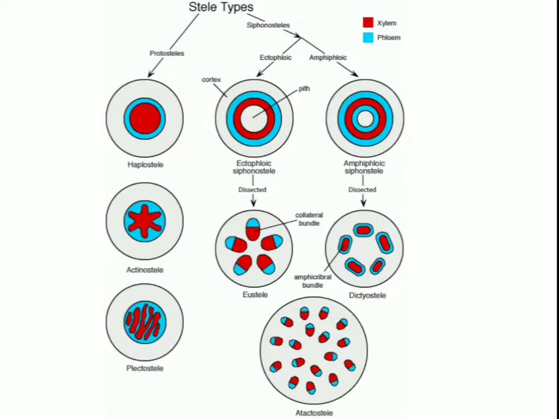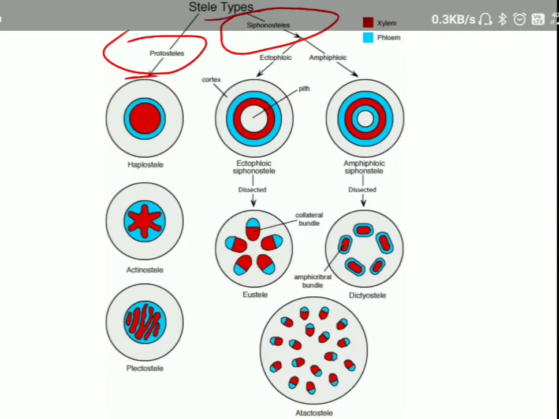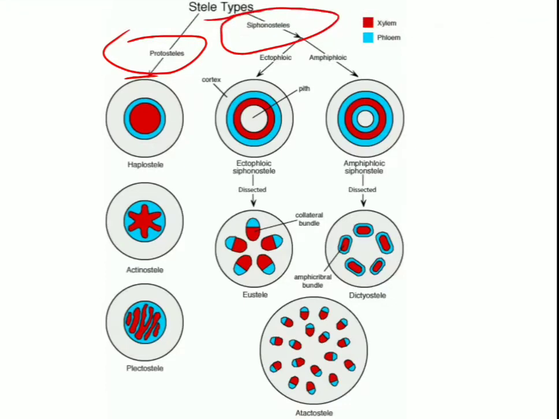First of all, stele is divided into two types: protostele and siphonostele. In protostele, pith is absent, and this stele is known as protostele. In siphonostele, pith is present along with xylem and phloem.